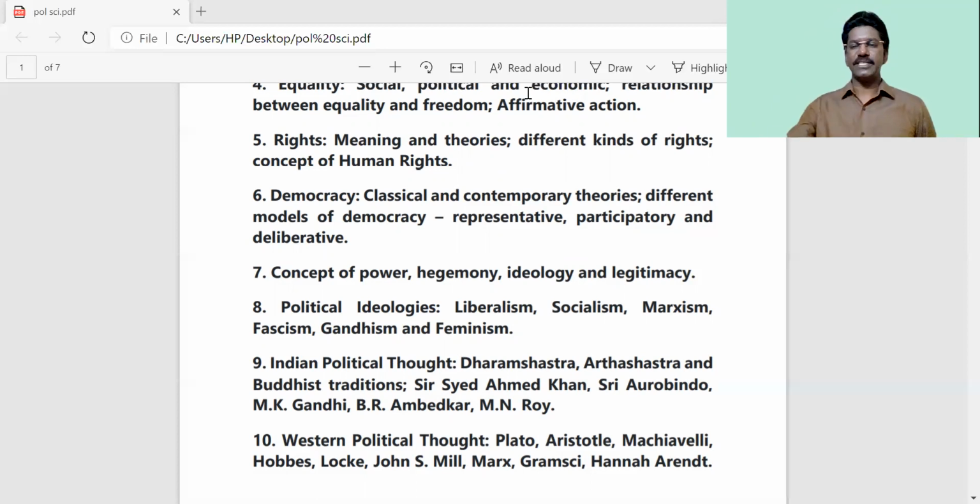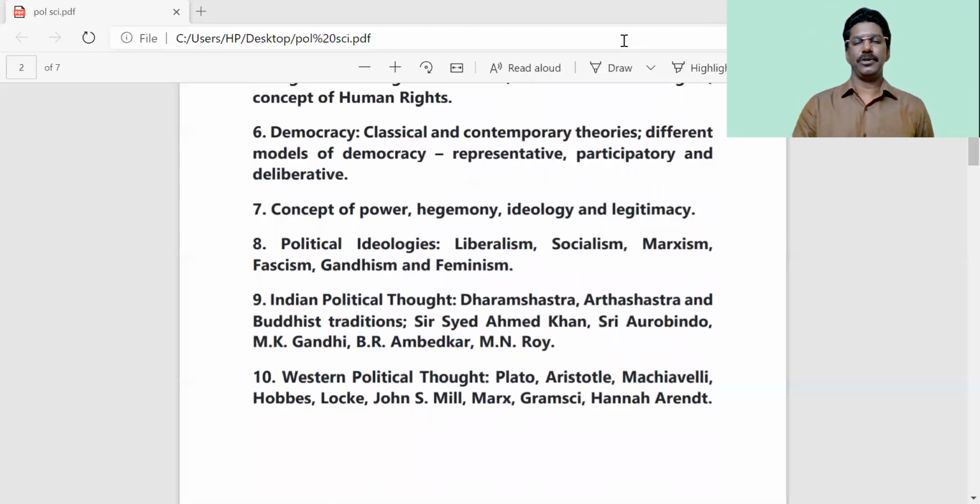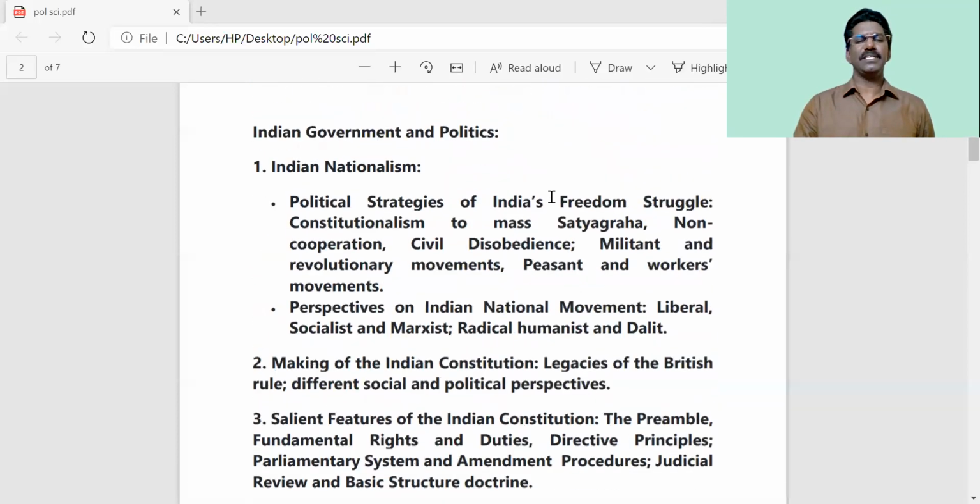Moving to the next area, Section B: the syllabus of Section B is very connected with General Studies, which covers the main core of Paper 2. Paper 1 Section B is related to Indian government and politics, and that is mainly based on the idea of the Constitution.